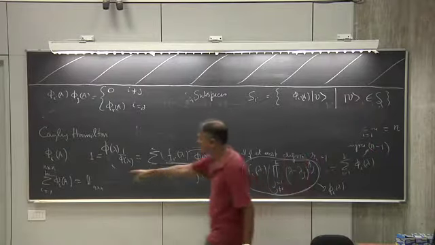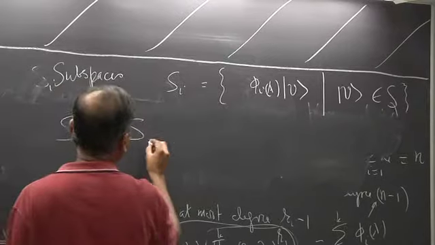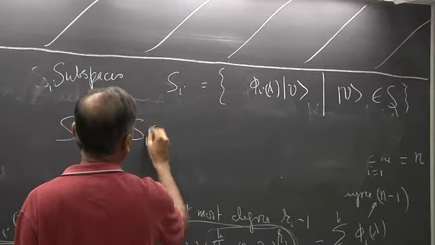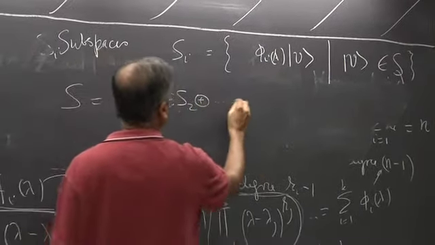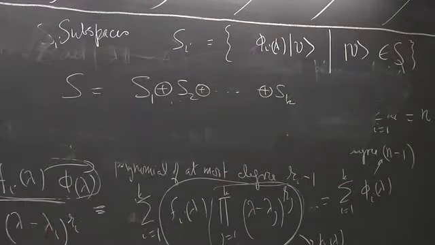Then it's clear, because of this equation, that S can be written as a direct sum, S_1 plus S_2 plus up to S_k, with i going from 1 to k.